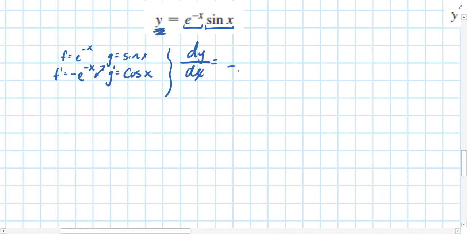So I get negative e to the negative x power times sine of x. And to that we will add the products down this diagonal, which are e to the negative x times cosine of x. That's a fine answer.